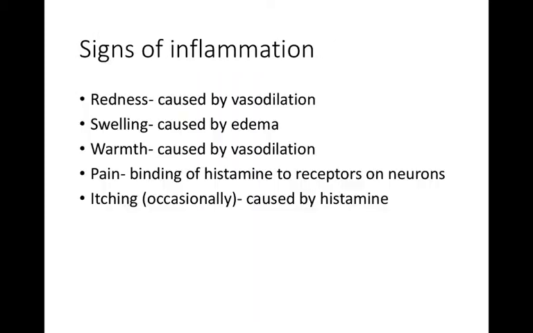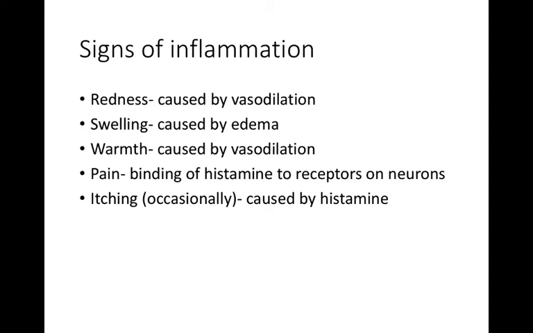Now, when we talk about inflammation, we often associate it with a number of signs and symptoms, including redness, swelling, warmth, pain, and itching. And though some of these are caused by the vasodilation and edema that occur during the inflammation process, histamine can contribute to some of the pain and itching.